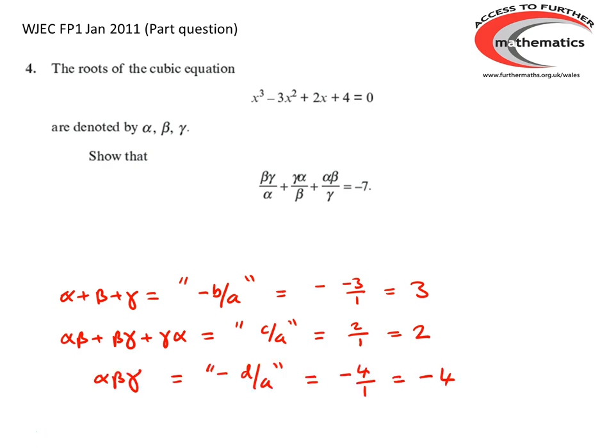And finally we've got alpha beta gamma is minus d upon a, where d is the constant coefficient at the end of the cubic equation and a again is the coefficient of the x cubed. So in this case alpha beta gamma must equal minus 4 over 1, which is negative 4.